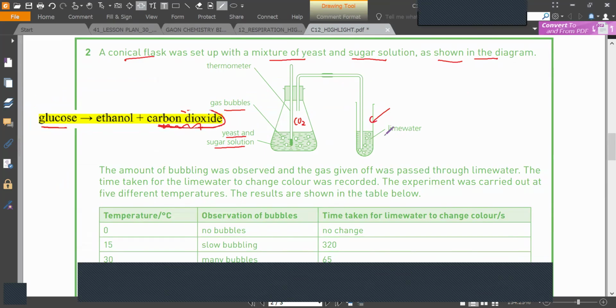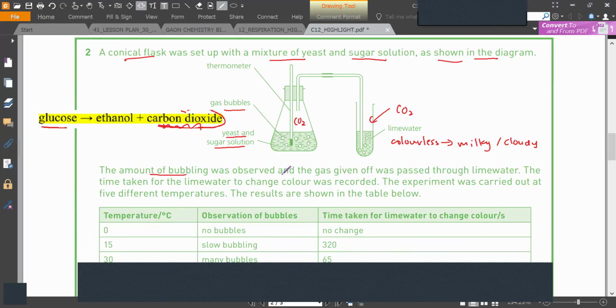So we know the lime water will go from colorless to milky, or cloudy, in the presence of carbon dioxide. So this is the setup.